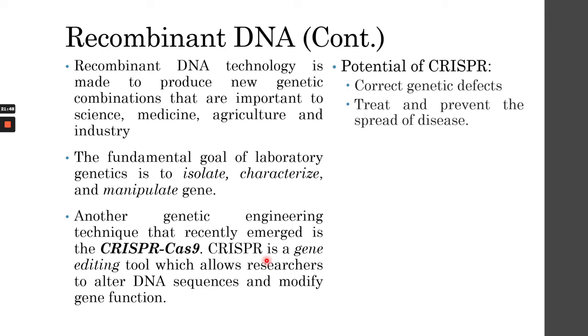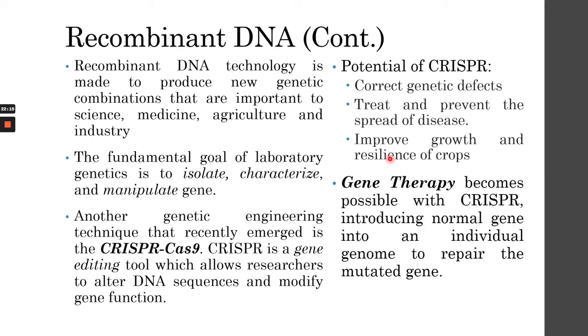In newborn screening, they can identify the genes that the baby has that could potentially be an issue for them, and inform the parents on what they can do to prevent that from happening to their children. Now if we improve on CRISPR-Cas9, we can edit that gene so that the disease would not manifest. We can also improve the growth and resilience of our crops.